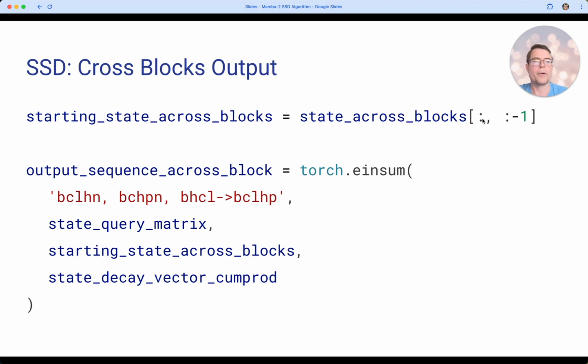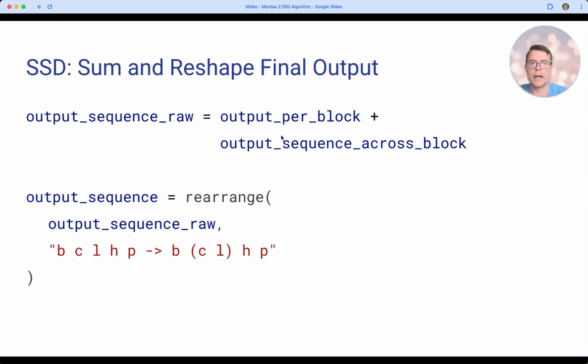Now here, we're keeping all the rest of the state except that thing we sliced off to send as the final state. So we have all of this state across the blocks, and then we can multiply that. This is our state decay vector and our state manipulation or state query matrix. You multiply those together and you get the output sequence across the blocks. And now you've got the output sequence per block and across block.